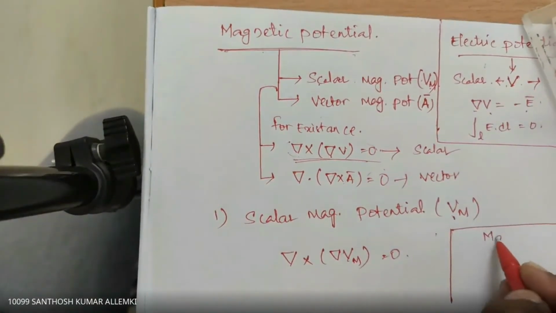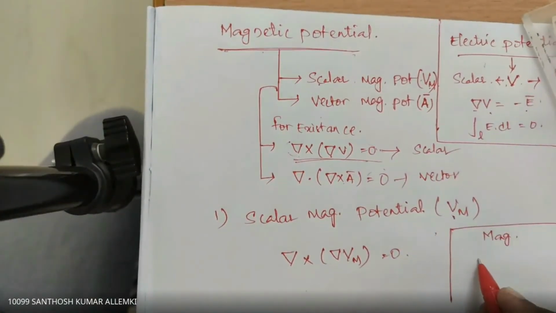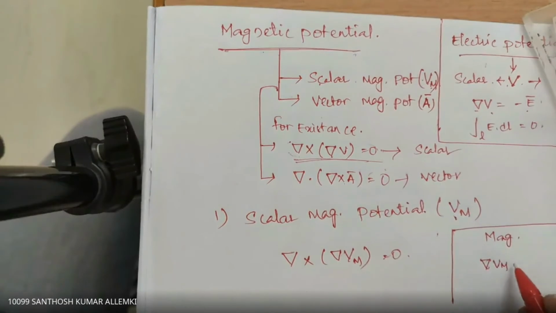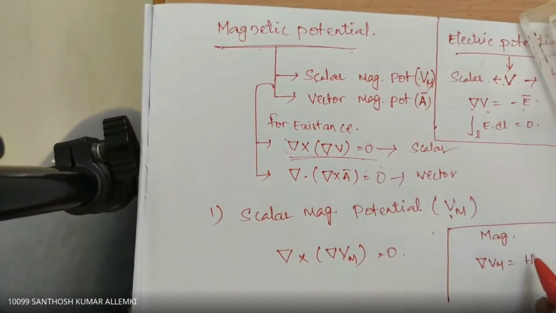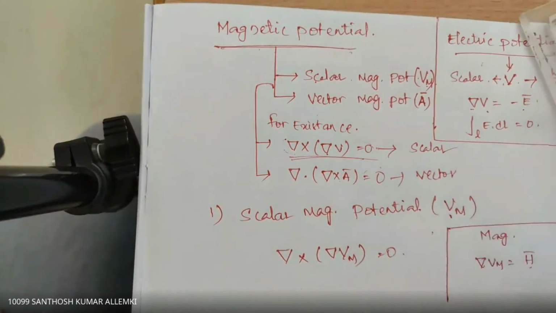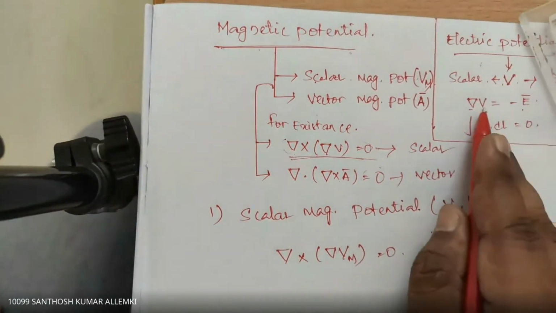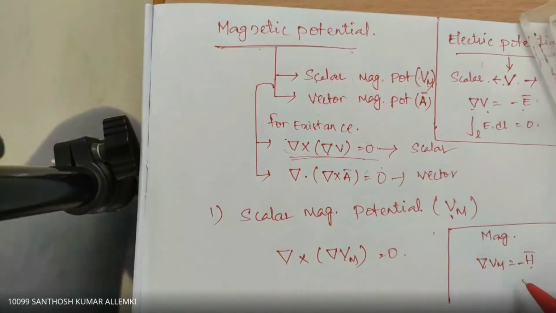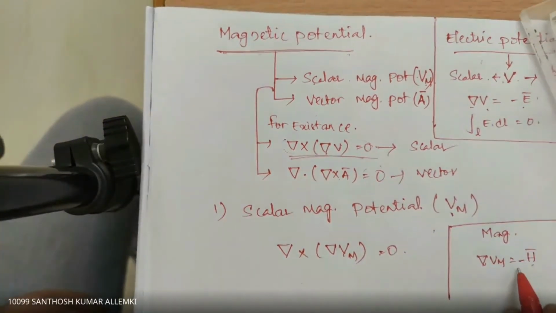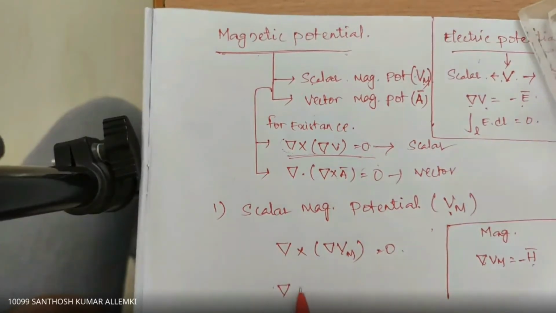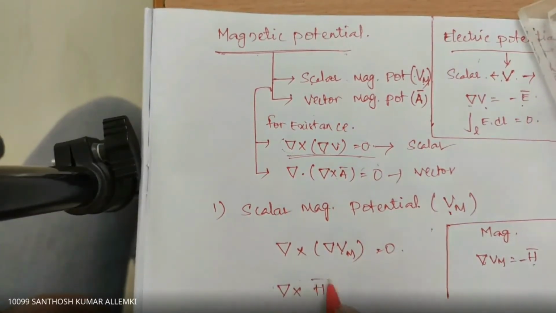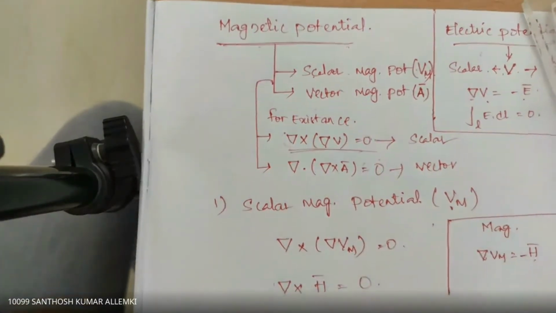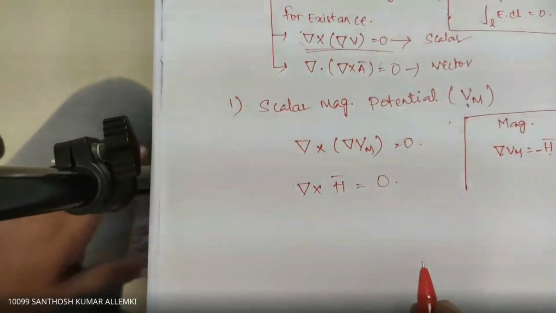For the magnetic case, we can write del Vm is equal to minus H bar, same as the previous case, with the minus sign. So simply you can substitute this del Vm value within this: del cross H bar is equal to 0.